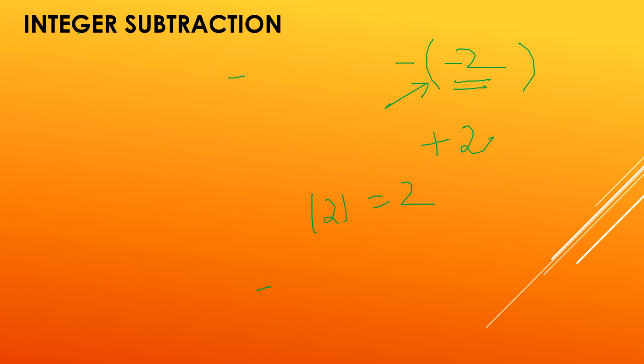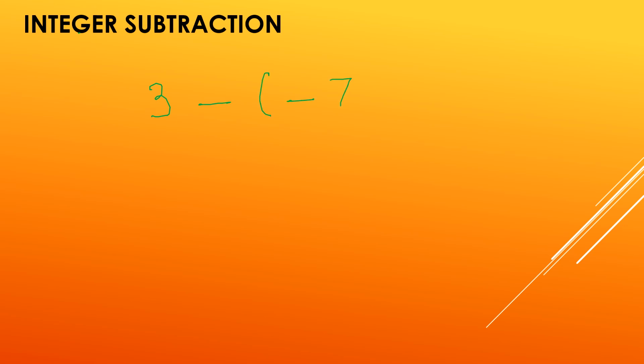Okay, let me show you with another example. Let us say that we want to subtract 3 minus minus 7. Now see, this is minus 7. If you remove the bracket, it will come out as 3 plus 7. And you will add the number, your answer will be 10. Let us say it is minus 7 plus minus 7.